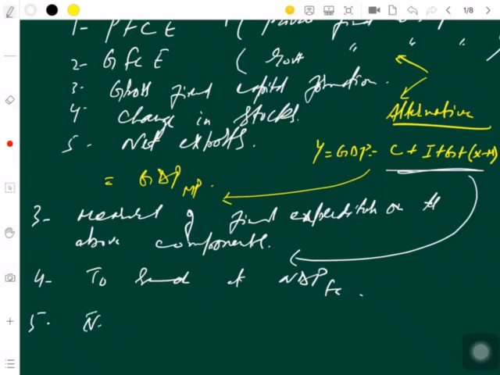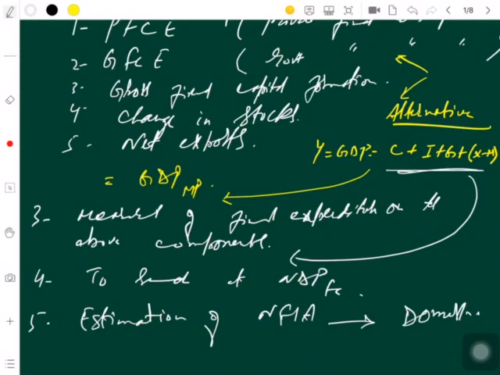We can take that as the fifth point, but it doesn't matter. Now we know what we are talking about. We will have to estimate net factor income from abroad, NFIA, in order to reach the domestic part of our income. That is our ultimate aim, to reach NDP at FC. That is what we are striving for.